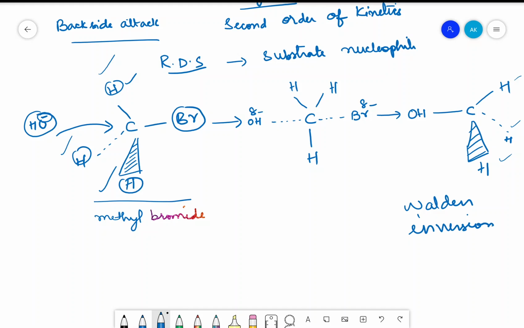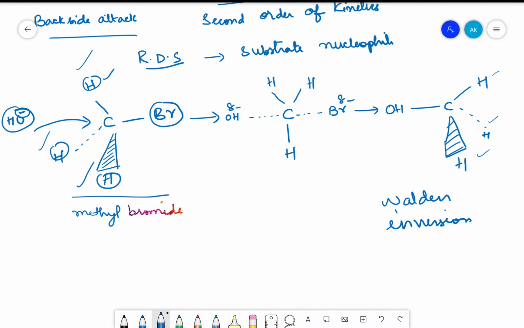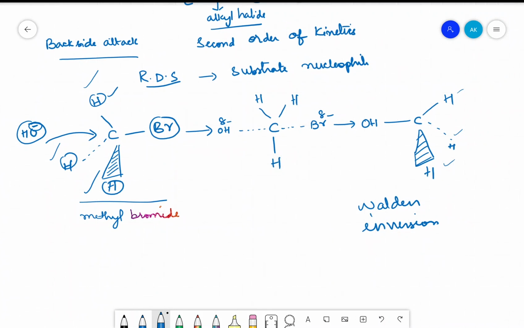Usually in exams they may ask you to explain the concept of Walden inversion in alkyl halides. So you need to explain everything about alkyl halide first and about SN2 reaction, and then represent the reaction we have written here. And this is not a stepwise reaction, this is a single step reaction. You don't have a first step, second step or third step.